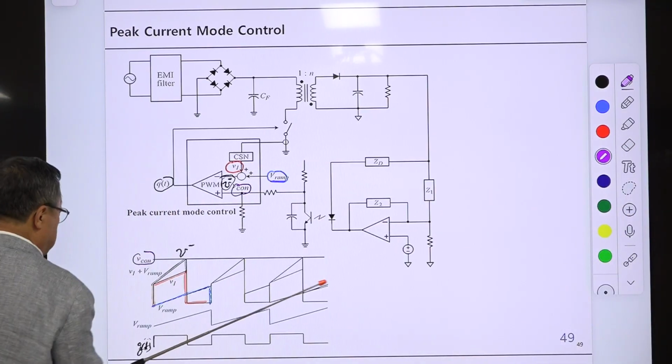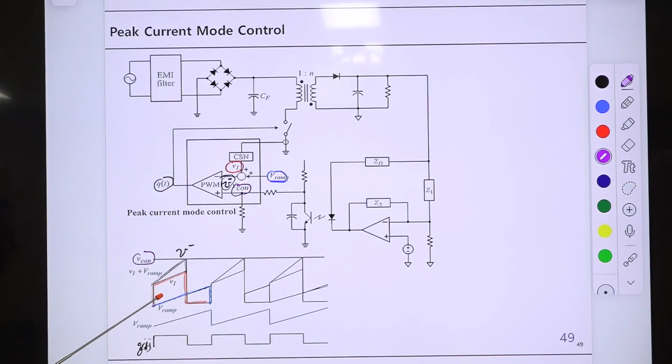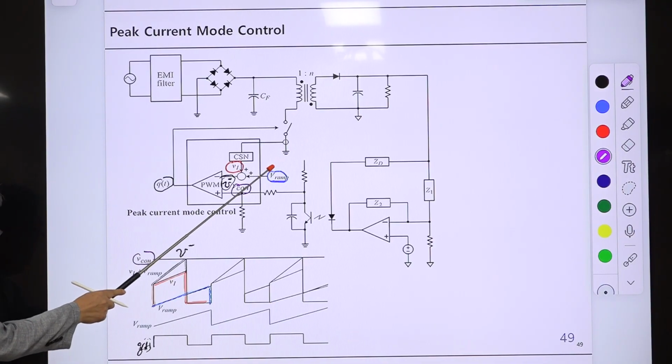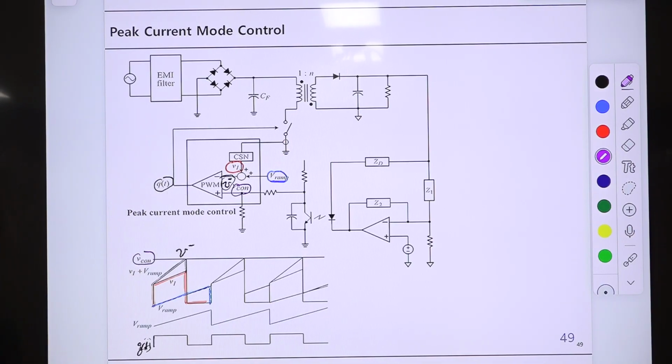That is this one. So we have this. Originally we have VI. VI is the output of this current sensing network. So it senses the switch current, and the switch current is the on-time inductor current. I'm talking about the magnetizing inductor current.